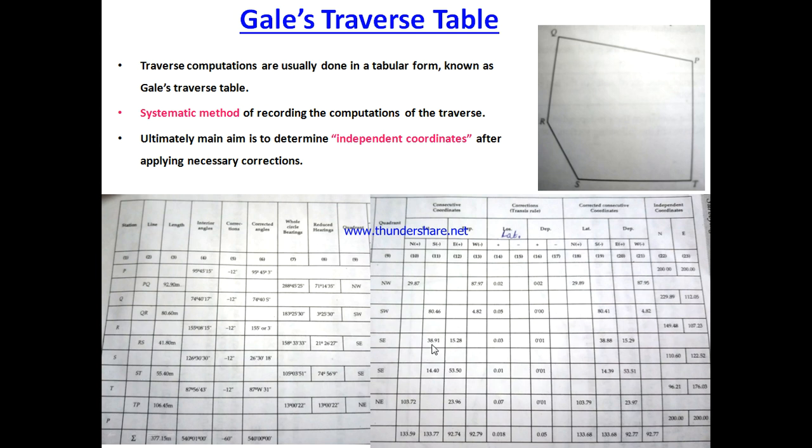So you can see here L cos theta and L sin theta. L cos theta I have kept in the negative column, and L sin theta, that is the departure value, I have kept in the positive column.